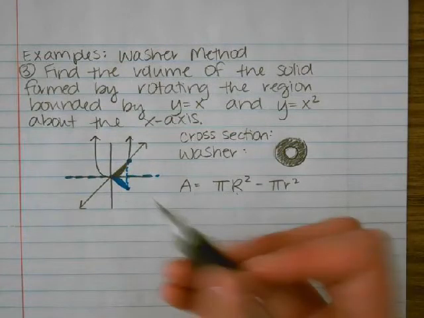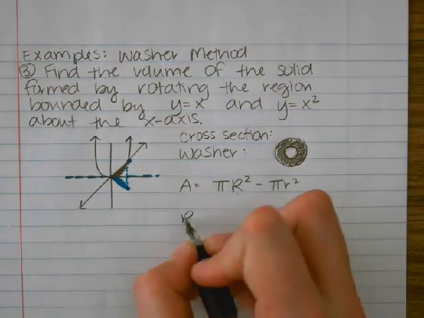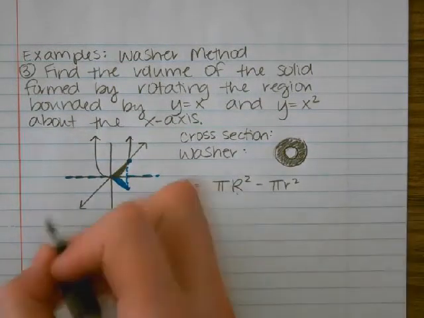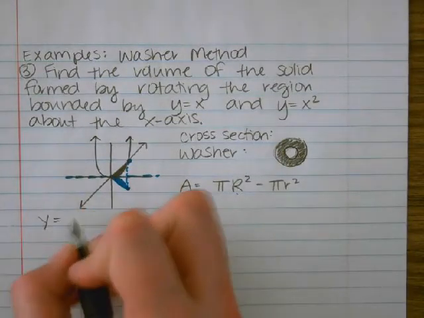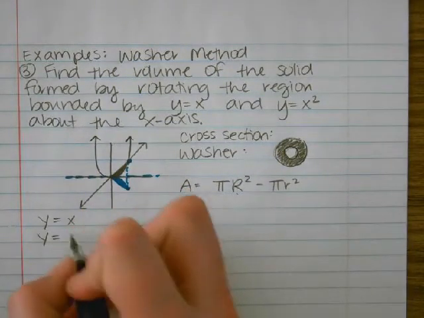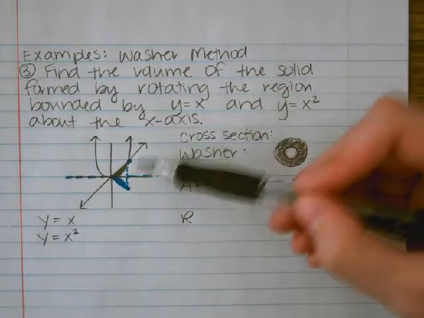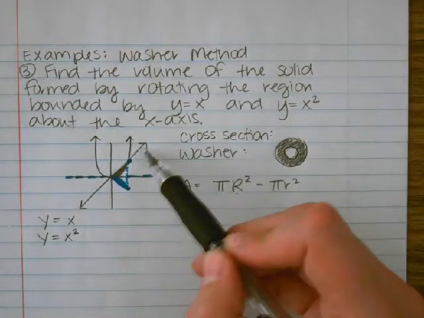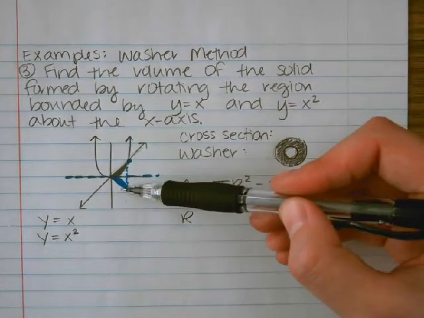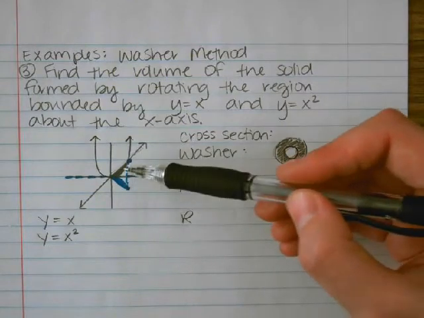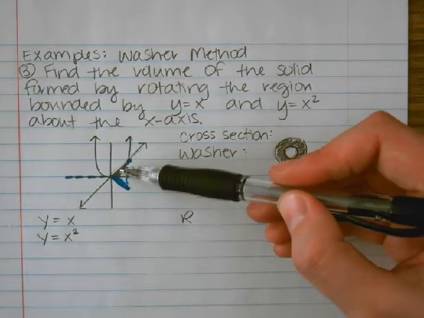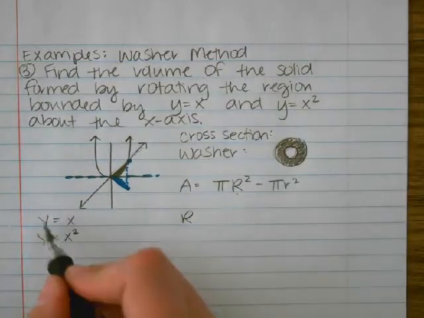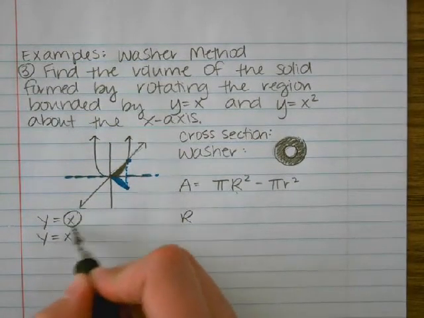All right, so to find the R value, the radius of the big circle, we had two different equations. We had y equals x and we had y equals x squared. If you can see it, the y equals x line, the top line, is the one that's rotating on the outside. The radius is the y coordinate, which you get by what you plug in here.